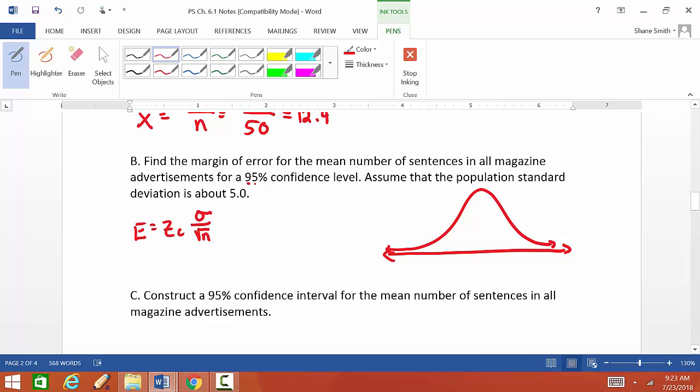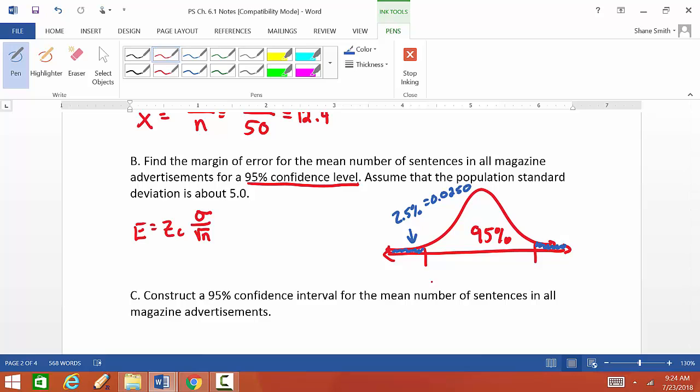And when it says 95% confidence, that means we want the 95% that is in the middle. So we have to do a little bit of thinking here. Well, if we have 95% in the middle, if it's 95% confidence, then that means this blue area is 2.5%, or 0.0250.